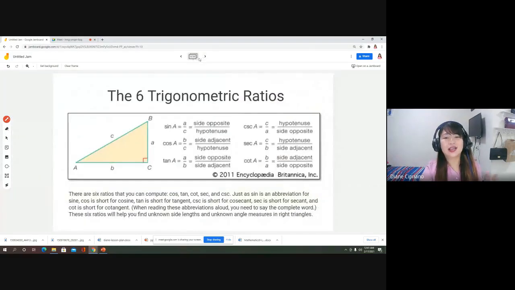Okay, let's proceed with the 6 trigonometric ratios and how you will come up with the proper renaming of the 6 trigonometric ratios.